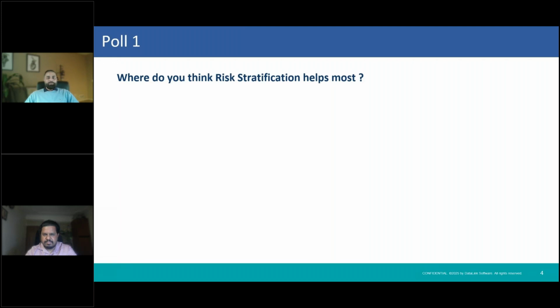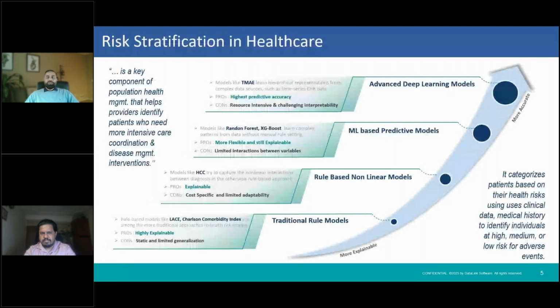So, how can we use AI to address these challenges? We use risk stratification and risk scoring as terms interchangeably, but in principle, it is a key component of population health management, where we need to understand who needs more care and which conditions require intervention before they become complex. Risk stratification can be pretty simple.